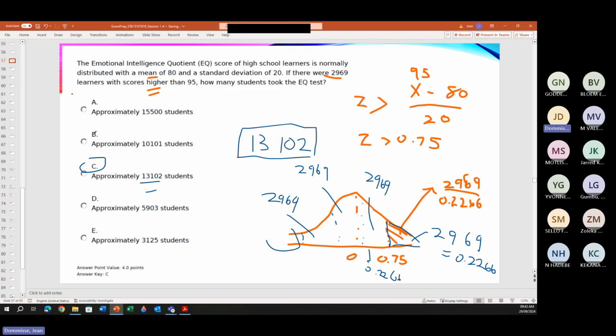You know it's not going to be that one, or that one. And then you need just a bit more to cover that last piece. So by that process, you can also get to 13,102. Again, a bit different, because here we are setting things as equal, and you need to get the whole 100% and not just 22.66%.